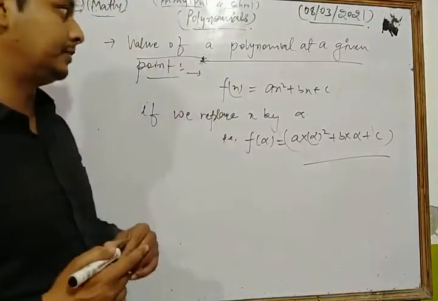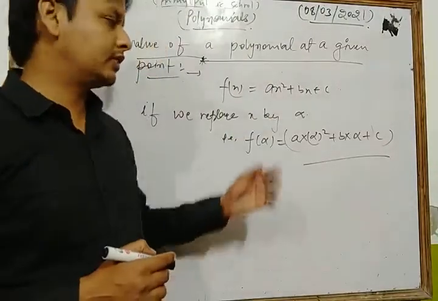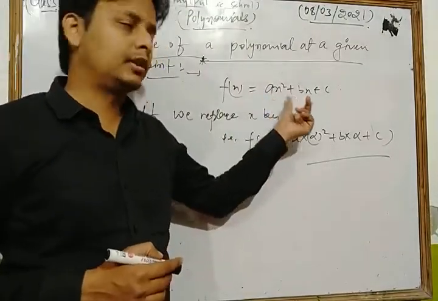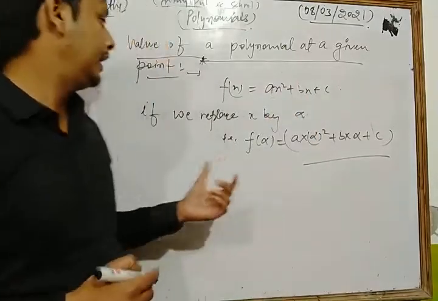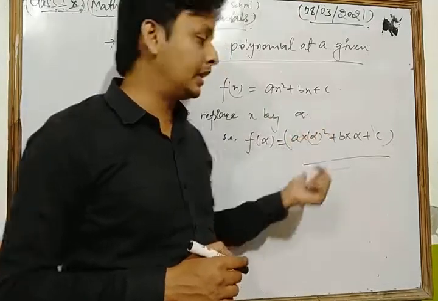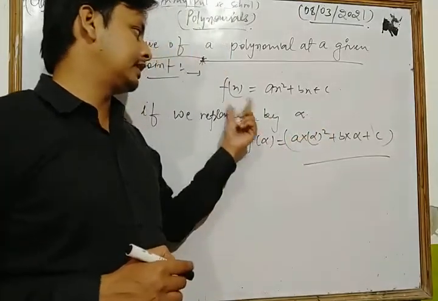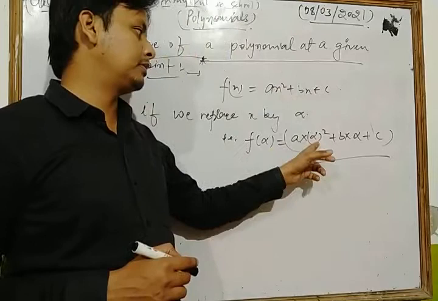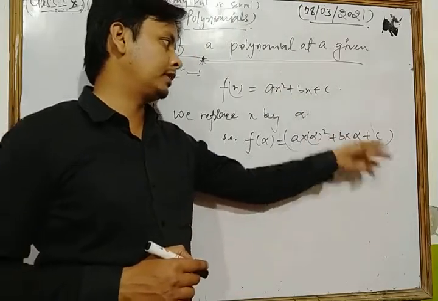Suppose, dear students, we have a polynomial ax square plus bx plus c, and if we replace x by any real number alpha, then f of x means f of alpha is equal to a into alpha square plus b into alpha plus c.